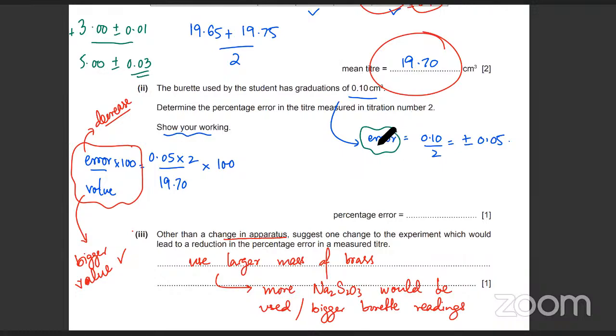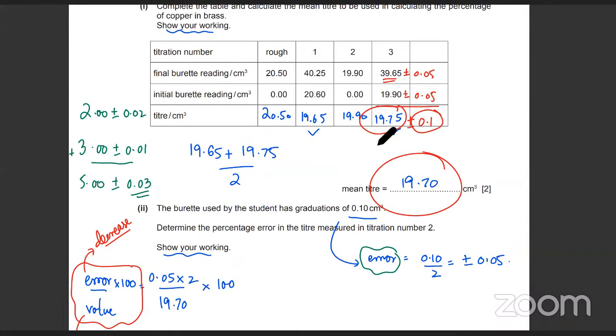Always remember the smallest graduation. And another thing about this is, if they hadn't told you it's 0.1, you can always check the smallest graduation. The smallest graduation is over here, it's 0.1, not 0.01. Because most of the time this is 0, that means the second decimal place he can't read from the apparatus.